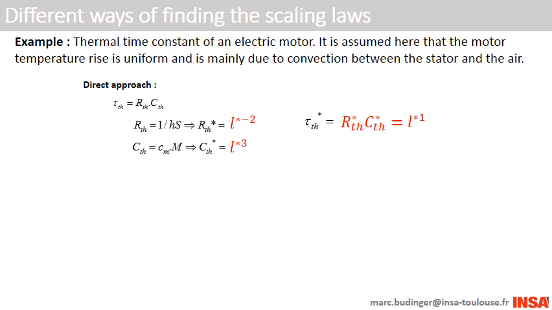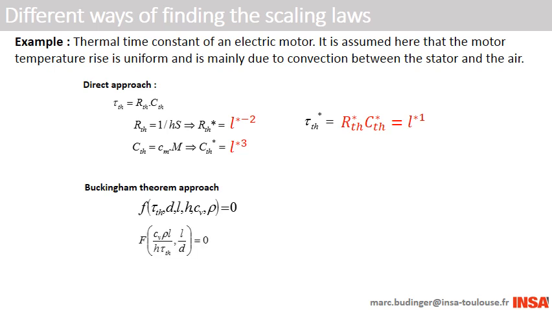The thermal capacity is proportional to the mass of the system, that is to say, the length to the power 3. By multiplying these results together, we can determine that the thermal constant is proportional to the length to the power 1.